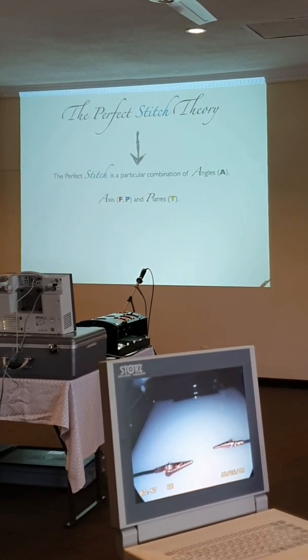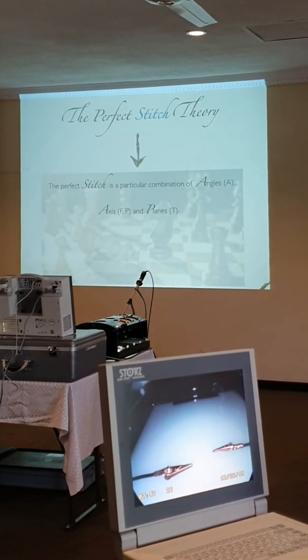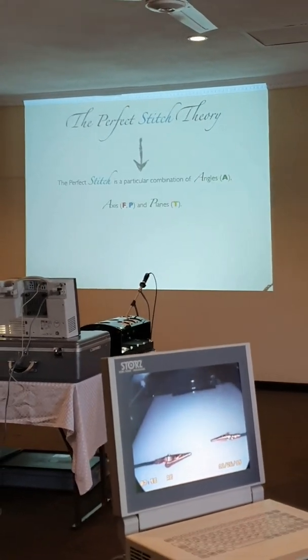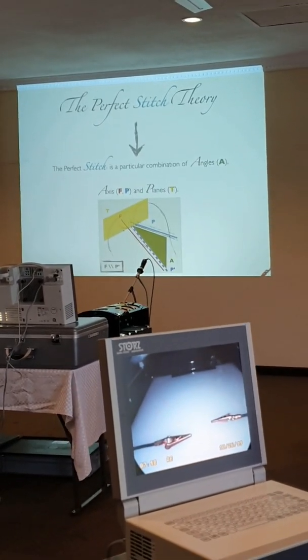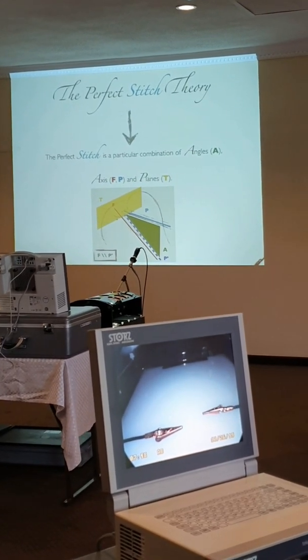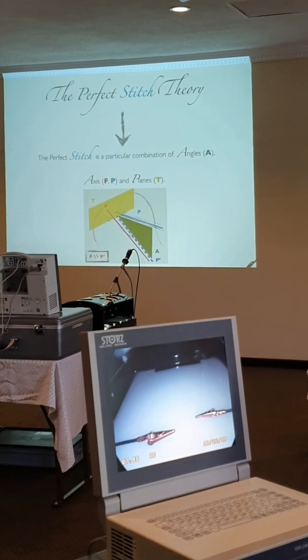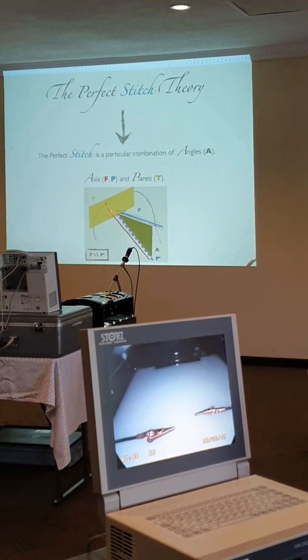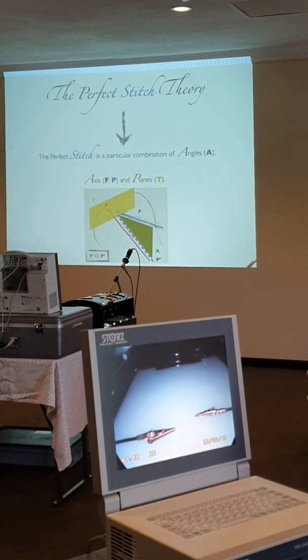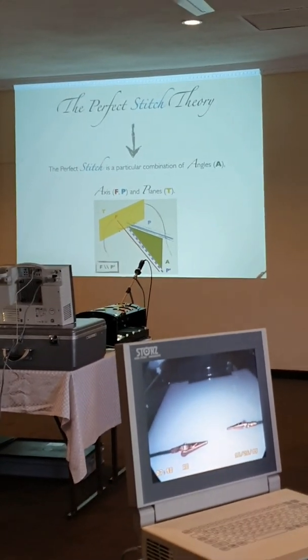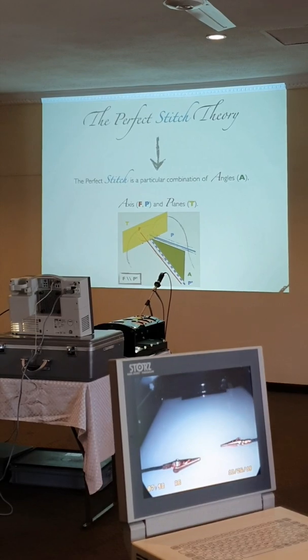The perfect stitch is a particular combination of angles, axes, and planes. So when you have the P parallel to the F axis, you are in the perfect situation to make the perfect stitch. You understand?